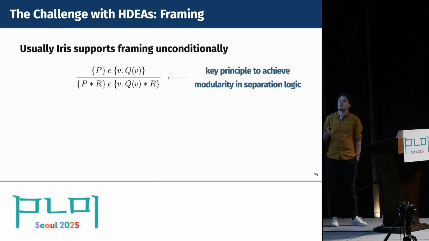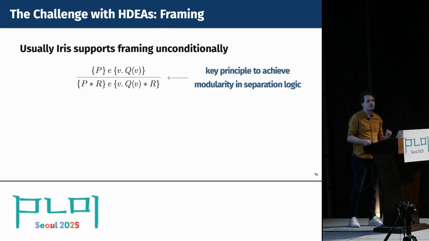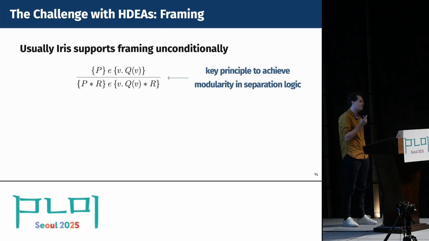Why is it even hard to bring heap-dependent expression assertions to Iris? I've already hinted at this a bit earlier. They assert facts about the contents of memory without asserting the corresponding ownership. And that is not something you should do in separation logic. So what they do is they violate the central frame rule of separation logic.